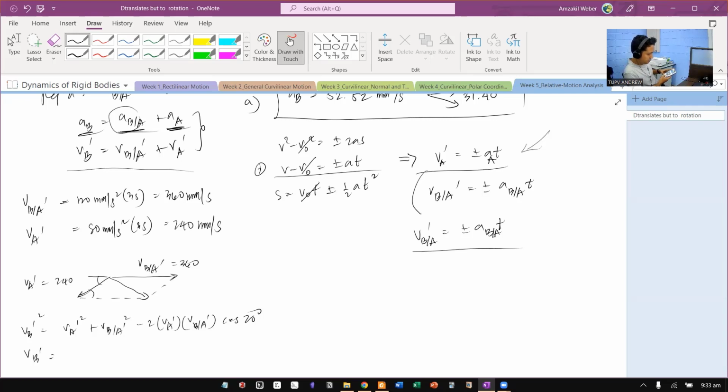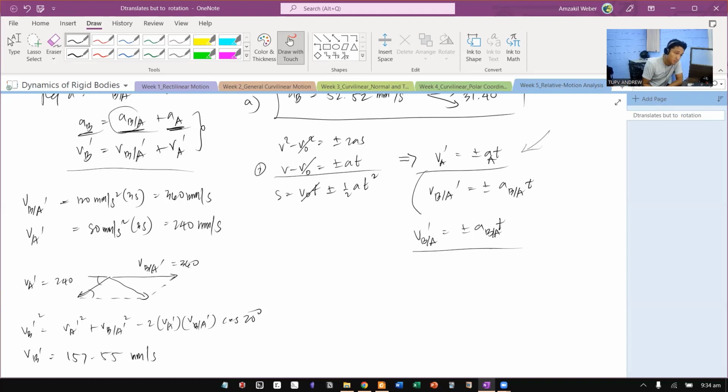That is 240 squared plus 360 squared minus 2 times 240 times 360 times cos 20, which is 157.55 millimeters per second.